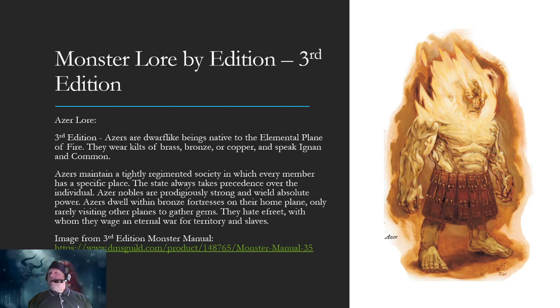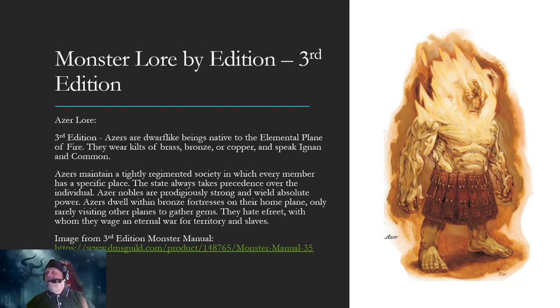Okay, so now according to third edition, they are slavers. Okay. So again, the lore kind of diverges. And they are tightly regimented. Well, in 5th edition, we learned that they're crafted out of bronze and each given individual.